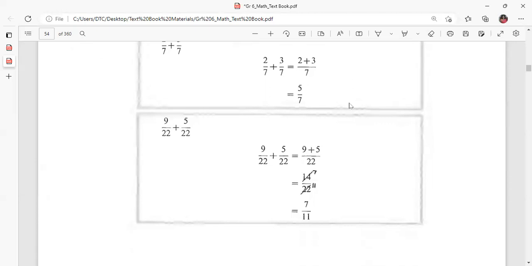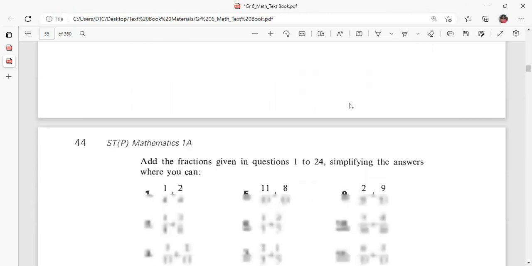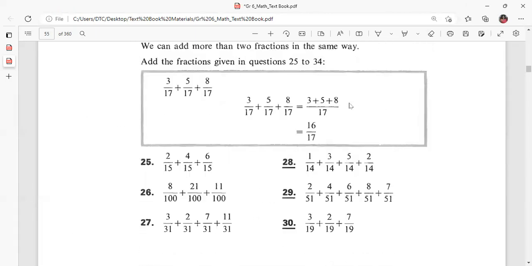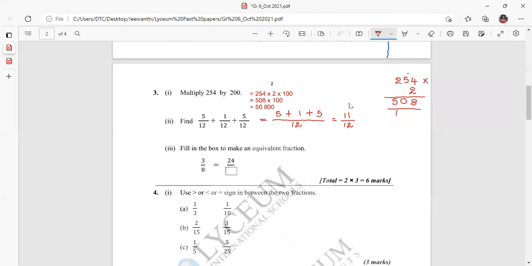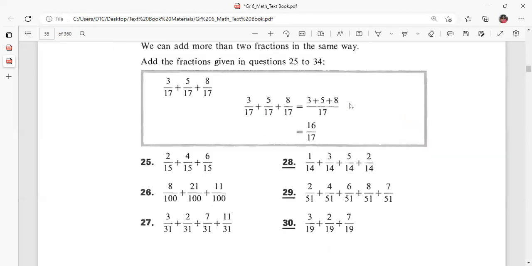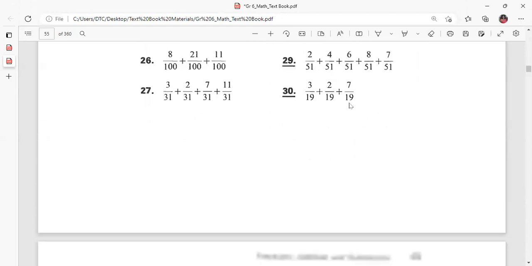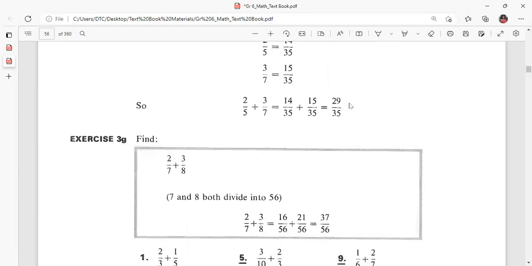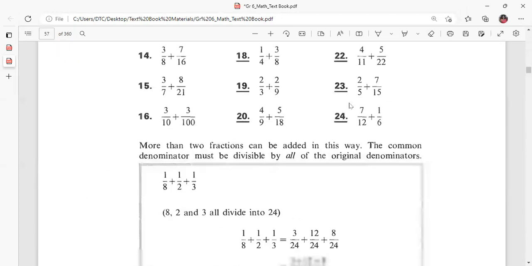So then when you are subtracting also, you get the same thing, you see. And here they have given three fractions, the same thing, right? Now you just look at the question, the same thing. And if it is the subtraction, we'll see what happens.